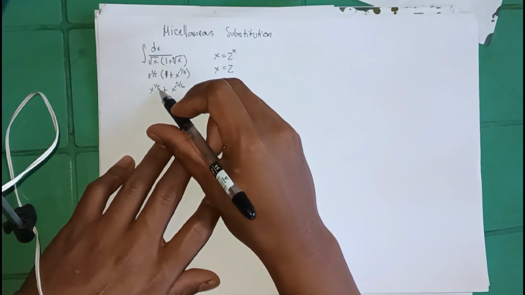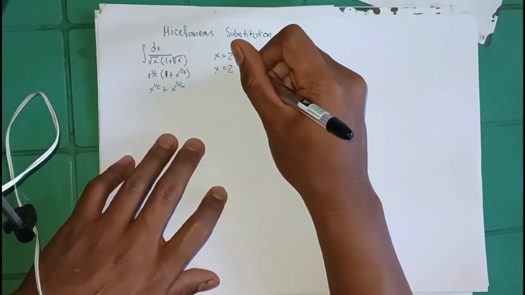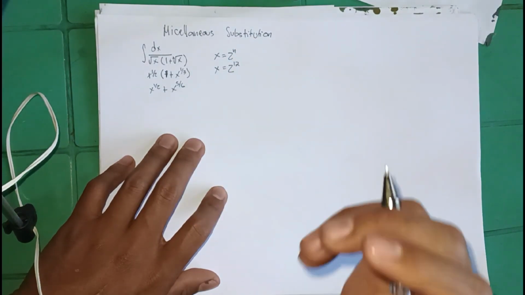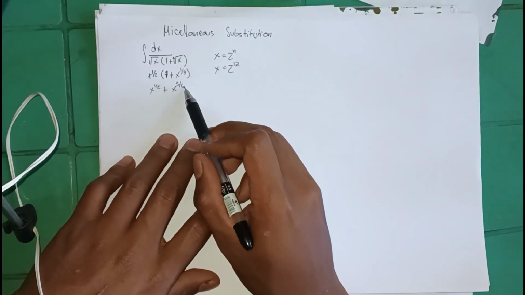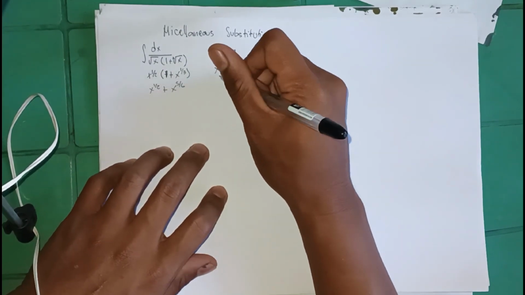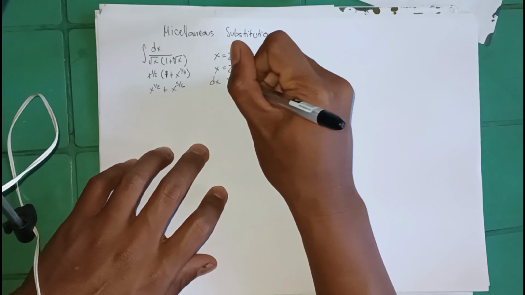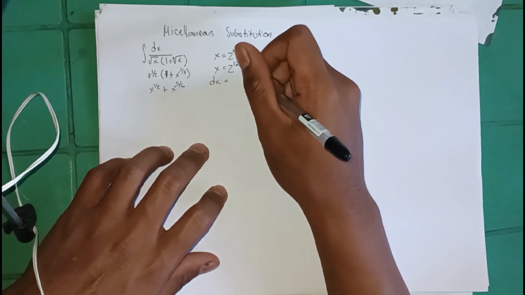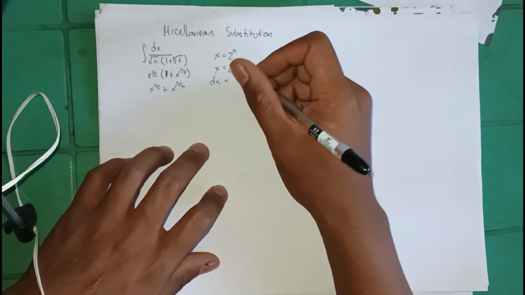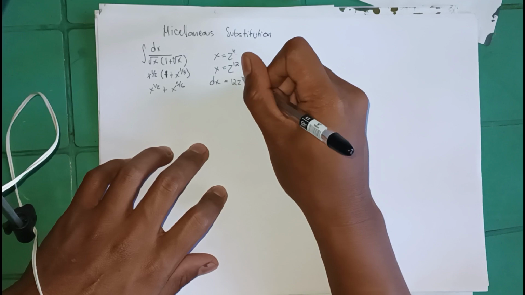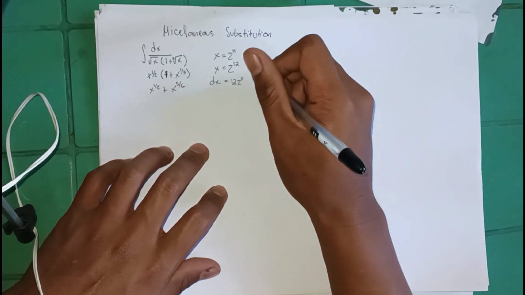All we need to do is multiply 2 and 6 to get the n, or the least common denominator. So 2 times 6 is 12. So find the derivative of x. dx is, using the derivative power rule, 12z raised to the power of 11 dz.